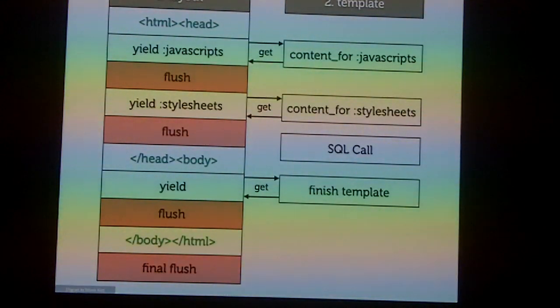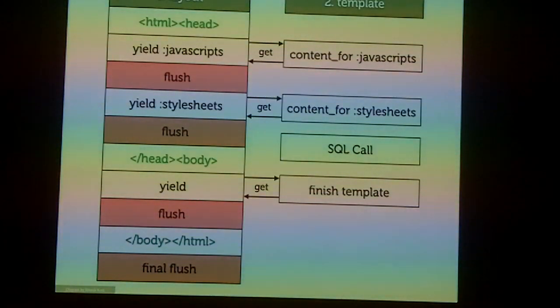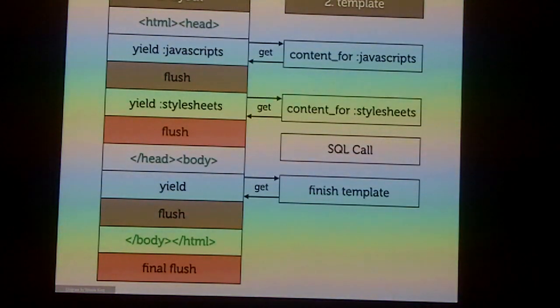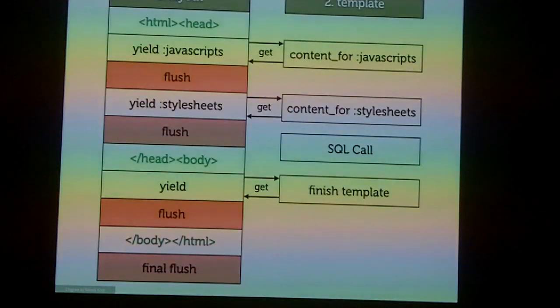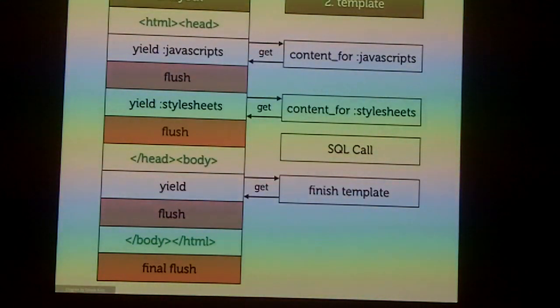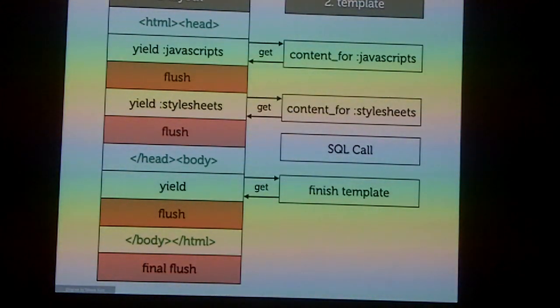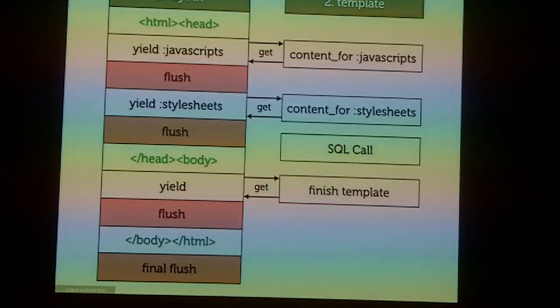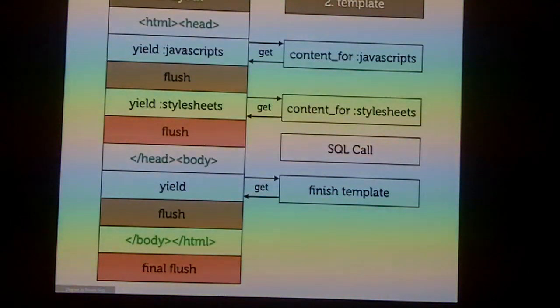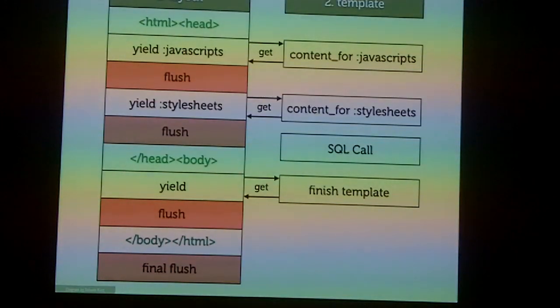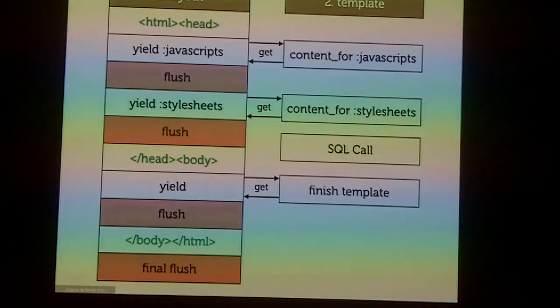To make this happen, Rails needed to provide ways of providing content for named blocks in the template, so that once you've provided it, it's considered complete and can be flushed. At any partial or any named block, once you've provided the content for that, it can be flushed down to the client.